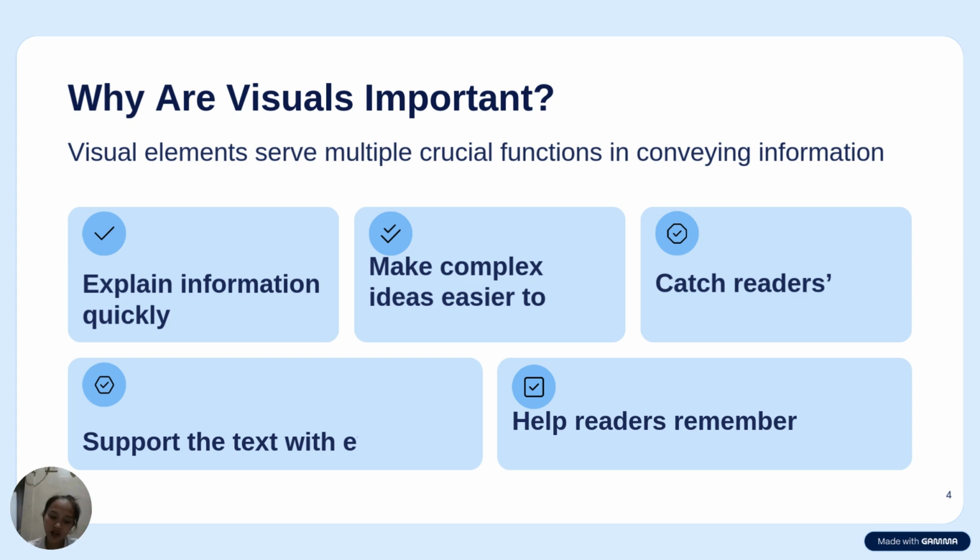A photograph can show us the reality of the text, and a diagram can explain a process step by step. Today, I want you to notice how visuals help our brain remember and understand ideas more clearly than text alone.